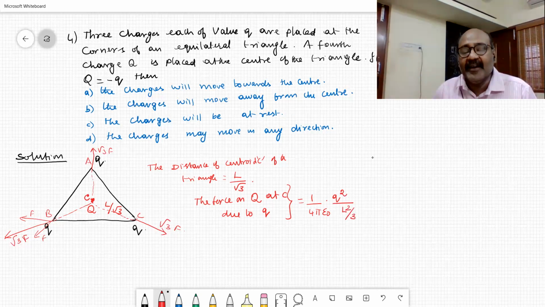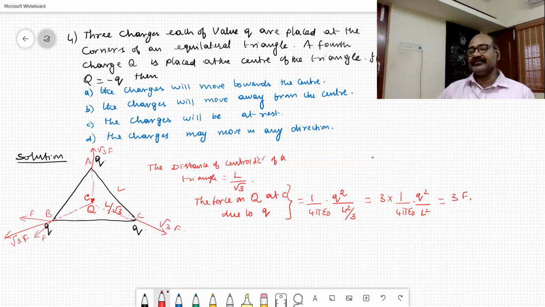That is 3, which will be equal to 3 into 1 divided by 4 pi epsilon 0 into Q square divided by L square. What is this? 1 divided by 4 pi epsilon 0 Q square by L square is the force between two charges, which we are calling F. So this value will be equal to 3 times the force F.